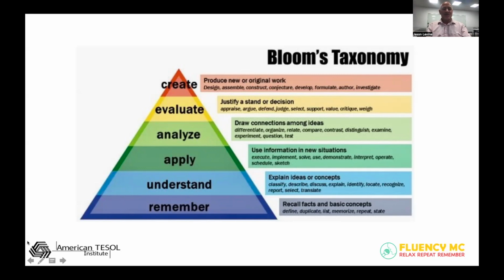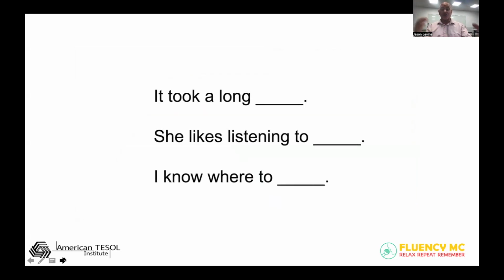So I realized early on that my job was to try to help them build these lexical chunks, these collocations. So, for example, if you're here live, you can try this, and if you're not, you can try it too. I think that you'll probably say it took a long, she likes listening to, and I know where to.